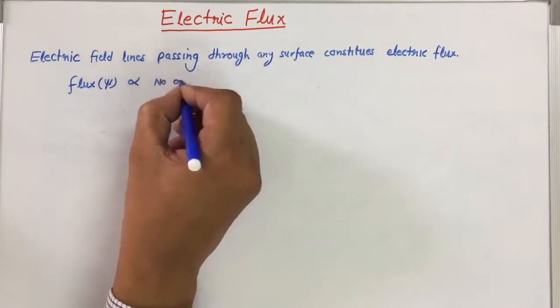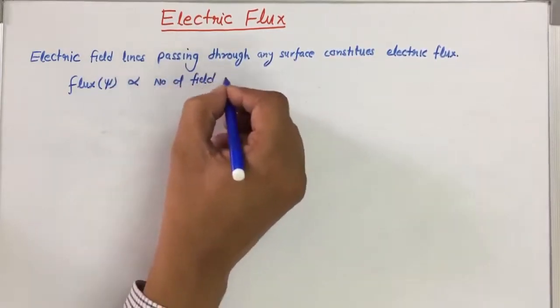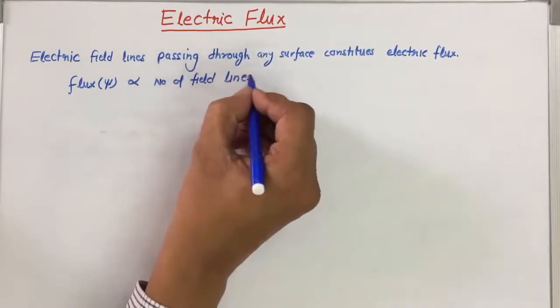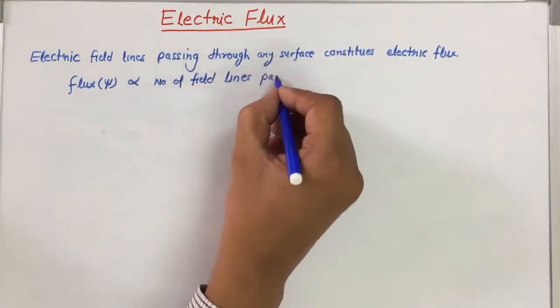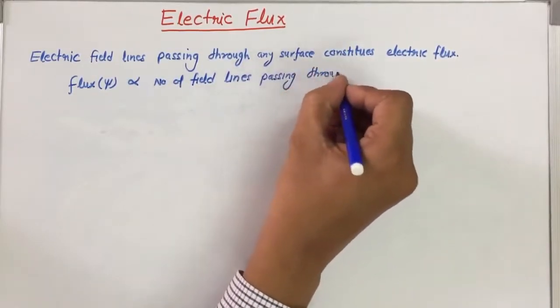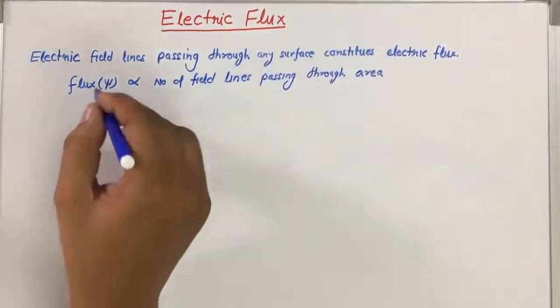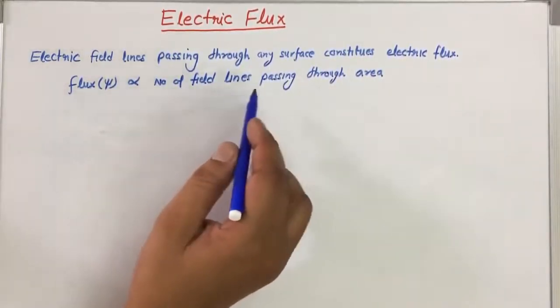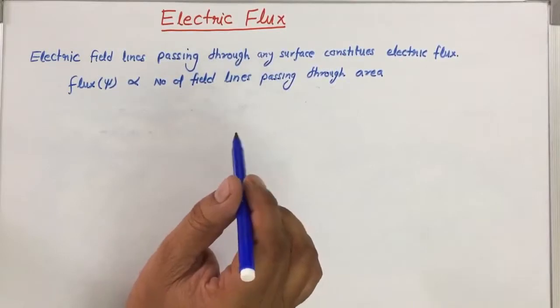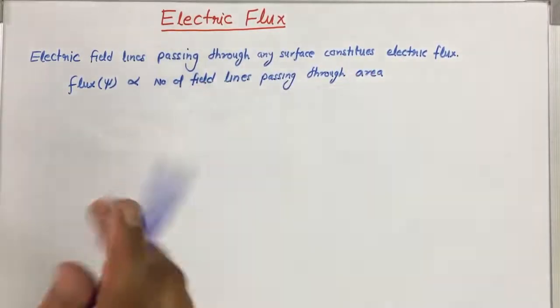So we can say the number of lines passing through an area. In this way we can define the flux: it is proportional to the number of field lines passing through the area.